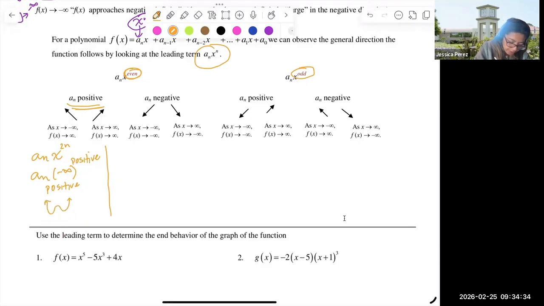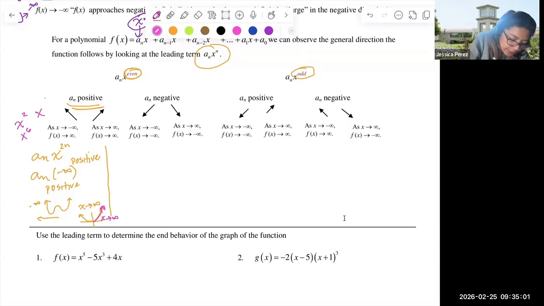See how my x is going to negative infinity, but the y value is still positive. Now what happens as x goes to positive infinity? As x goes to infinity, my y value will also go to infinity. So here I'm looking at an x squared, an x to the 6th, an x to the 8th, and my coefficient a sub n is positive. So a sub n being positive will always have f of x going to positive infinity.